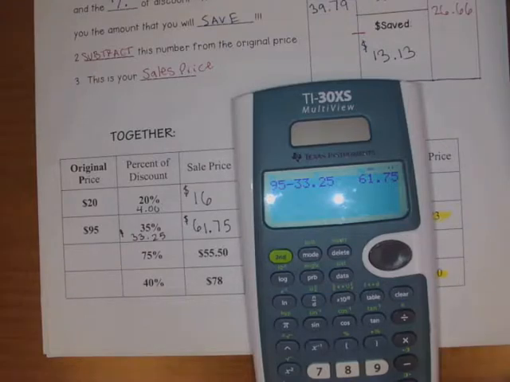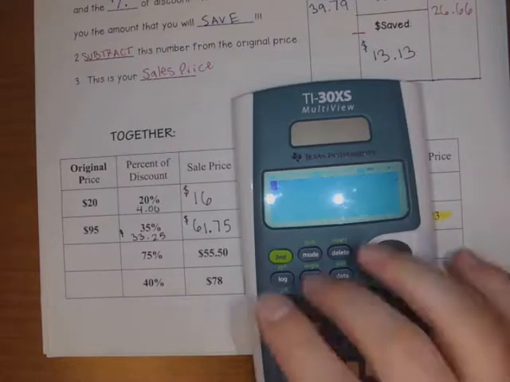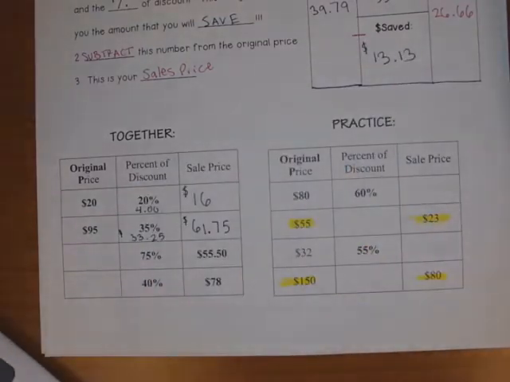Okay? Now, how these ones are going to work, okay? You are going to set this up a little differently, okay? These two are going to be set up a little differently. Now, I'm going to try to explain it so it's not confusing, so I'm going to do it one at a time.